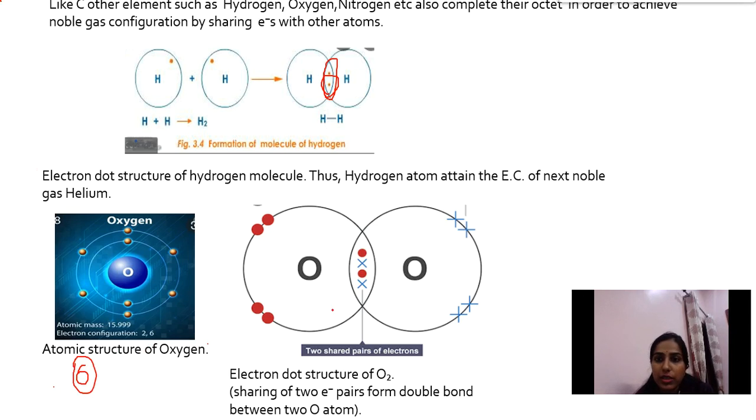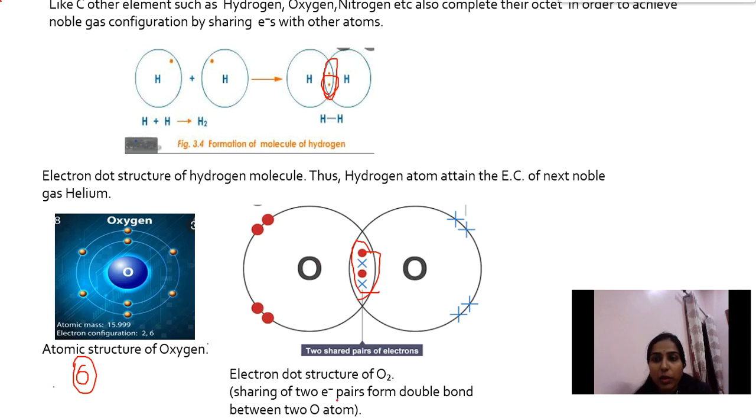How? You can see here, this oxygen molecule has electrons which are represented as red dots, and this other oxygen atom has 6 electrons which are represented as crosses. So here two pairs of electrons are shared between the two oxygen atoms.